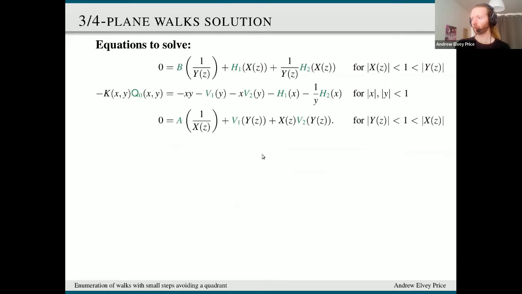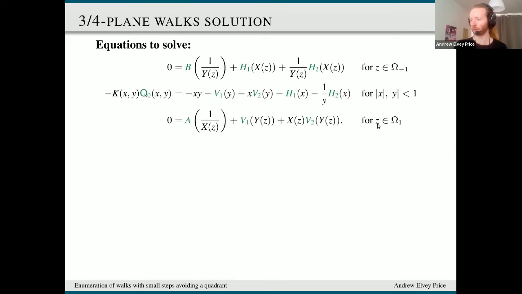Okay, but what all this means is that our equation will hold for z in a particular one of these regions. So we can choose z in omega 1, omega minus 1, because in that region, this inequality holds. Similarly, the bottom equation will hold for z in omega 1.